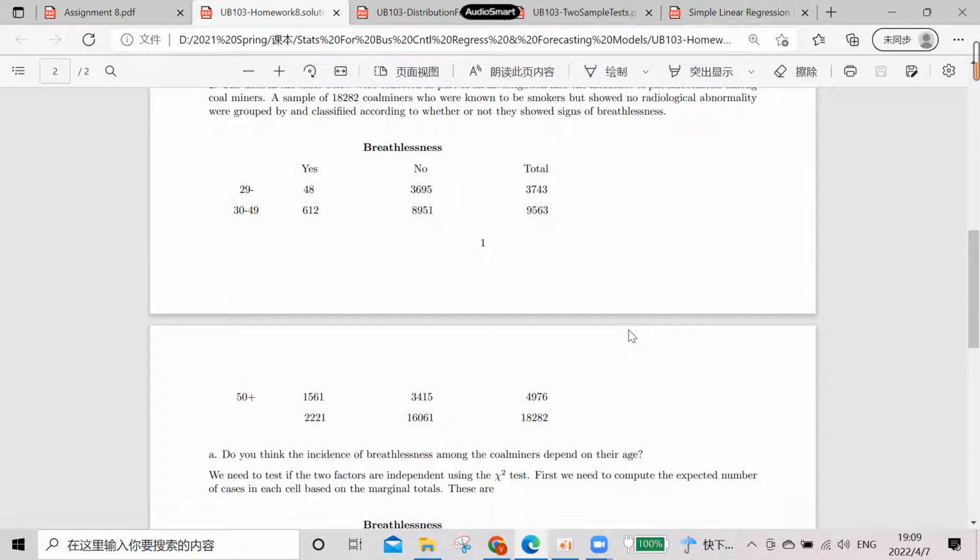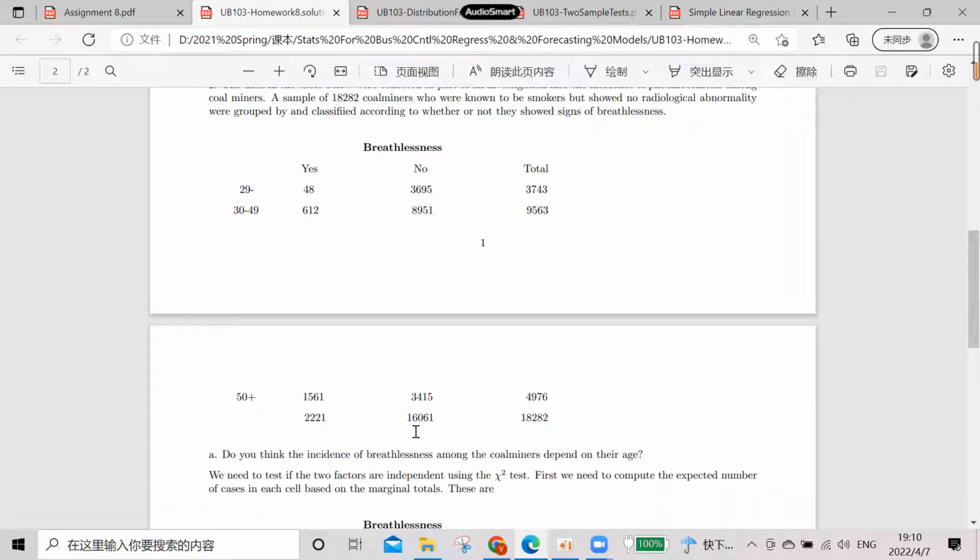When you want to understand if two variables are dependent on each other, intuitively you would assume the older people have a higher probability of some breath issue, right? So intuitively, there's some kind of relationship between age and this illness. That's something you want to study. Is there really a relationship?